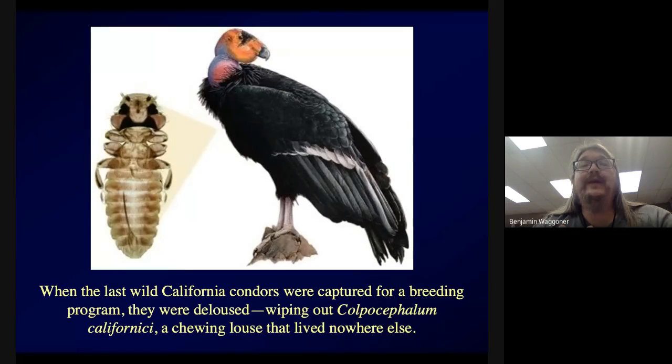But it's interesting that when the very last wild California condors were captured, they were deloused, dunked in some sort of medication that killed off all of the lice. And this wiped out Colpocephalum californici, a chewing louse that did not live anywhere but the California condor. Like I said, chewing lice can be extremely host-specific.